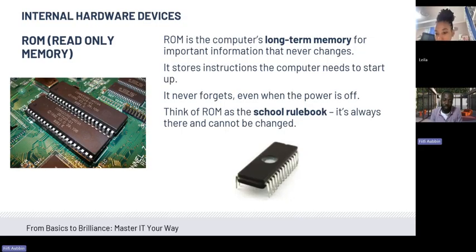Okay. So what sort of instructions do we say are within the ROM? The ones you need to boot up the computer. It starts with a B. ROM BIOS. Yes. Basic input output system.